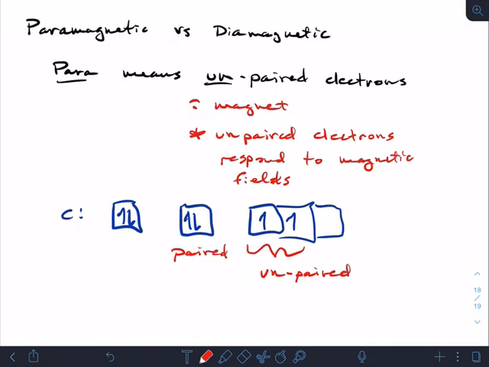Those are paired. Unpaired. I've got two electrons that are all by themselves in their own boxes. So carbon does respond to magnetic fields. It is paramagnetic.